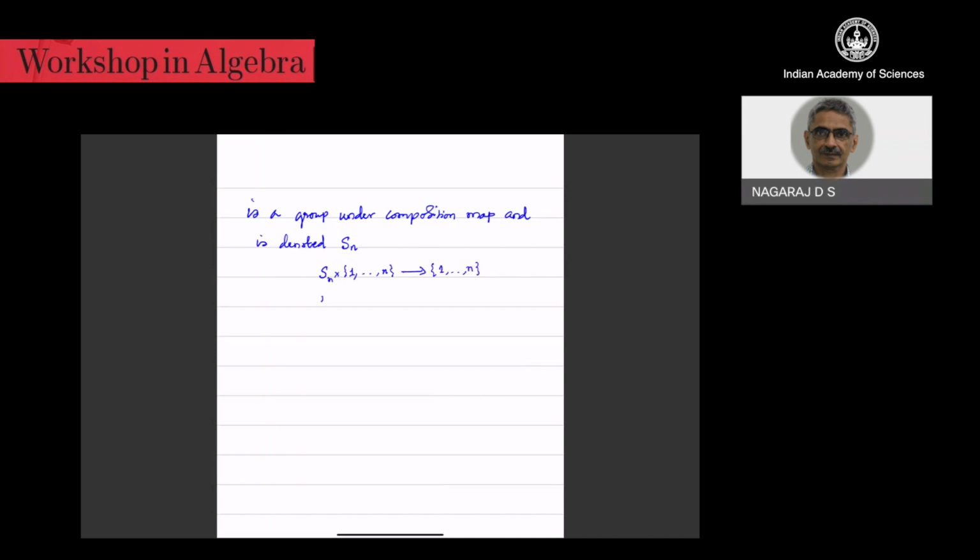So if sigma is a bijection from 1 to n to itself, and you have any element k in this set, it will take k to the value of k under the map, sigma of k. By definition, this is equal to sigma dot k in this case. Okay. So this is one such action.